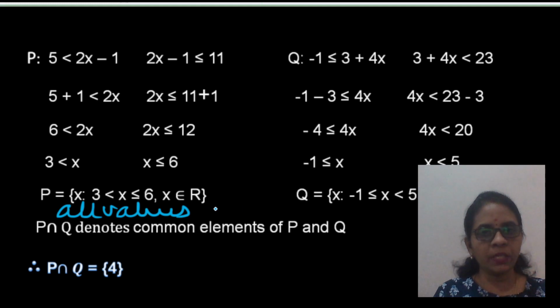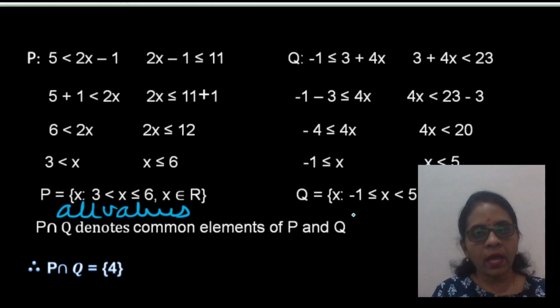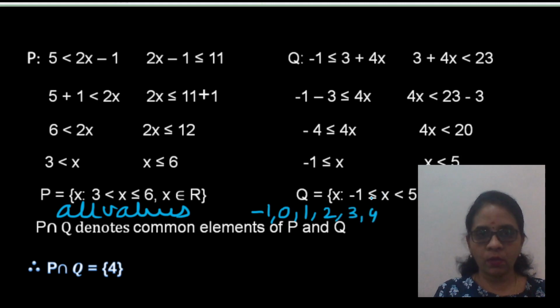And for Q, you have the integers between minus 1 and 5. What are the integers between minus 1 and 5? They are minus 1, 0, 1, 2, 3, 4. Is 5 included? Not included.